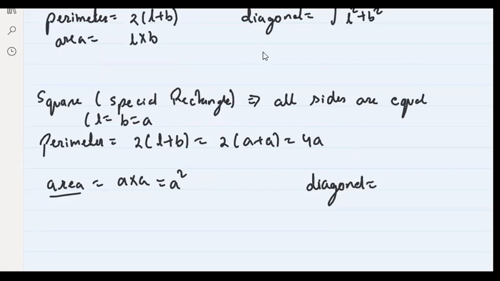Okay? Now what about the diagonal? Tell me, what about the diagonal? It is root of A square plus A square, which is root of 2 into A square. So can I say that root 2 into A? Yes or no? Think about it.